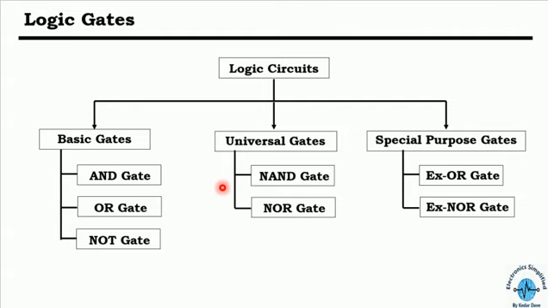Basic logic gates are only 3: AND, OR and NOT gates. Universal gates are NAND and NOR gates, and the special purpose gates are XOR and XNOR. So this is how the classification of logic circuits can be understood.